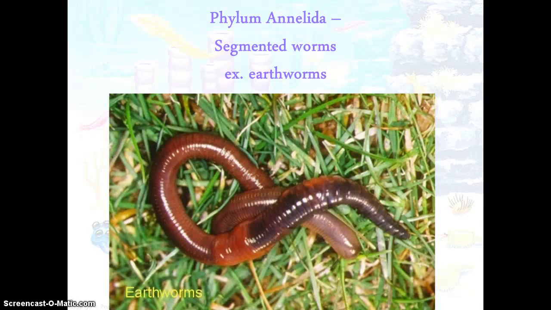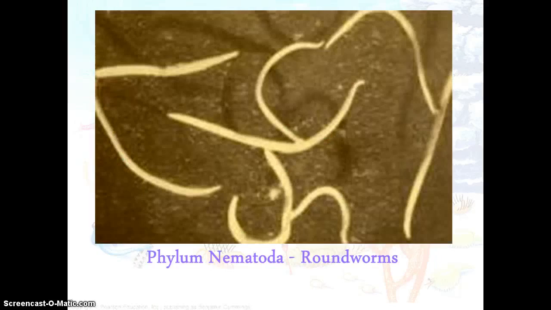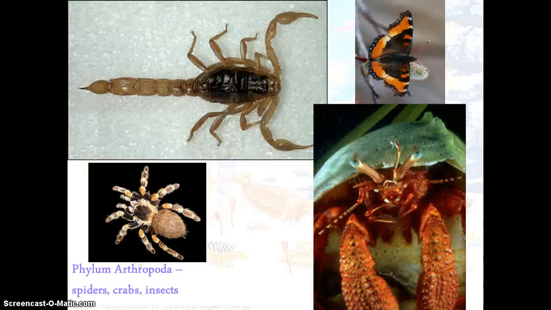You have your annelids, which would be your segmented worms, like an earthworm. You have your nematodes, which are going to be your roundworms. And then you have your arthropods, your Arthropoda. These are going to be your insects, your crabs, your spiders.